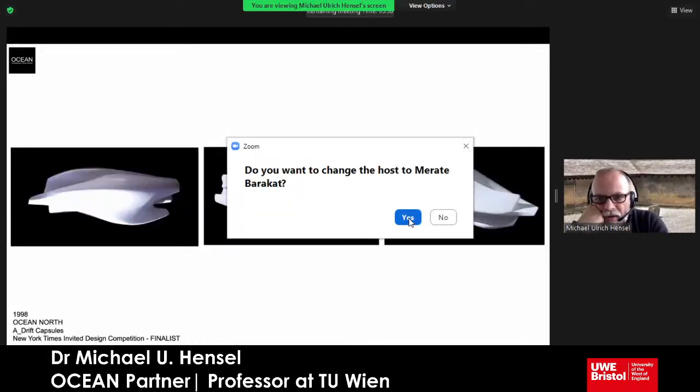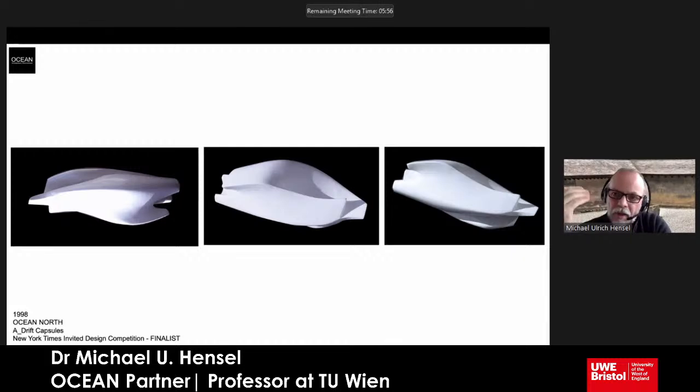This was done alongside, so the animation was done alongside with a lot of physical model studies, plaster models that were made by hand in order to study the form of the inner and the outer capsule.